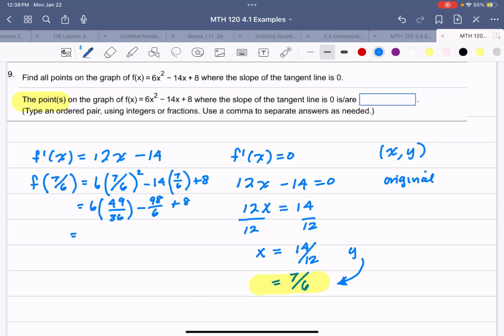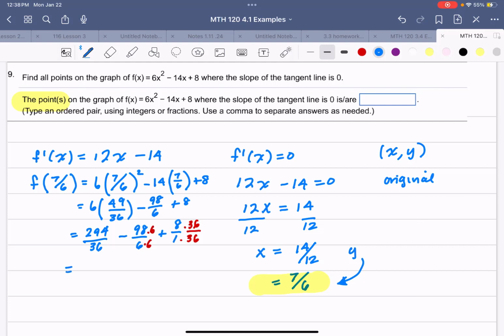That gives me 294 over 36 minus 98 over 6 plus 8 over 1. And since these are fractions to be combined, they all have to have the same denominator. So to get a 36 in the second fraction, multiply top and bottom by 6, and a 36 in the third fraction, top and bottom by 36.